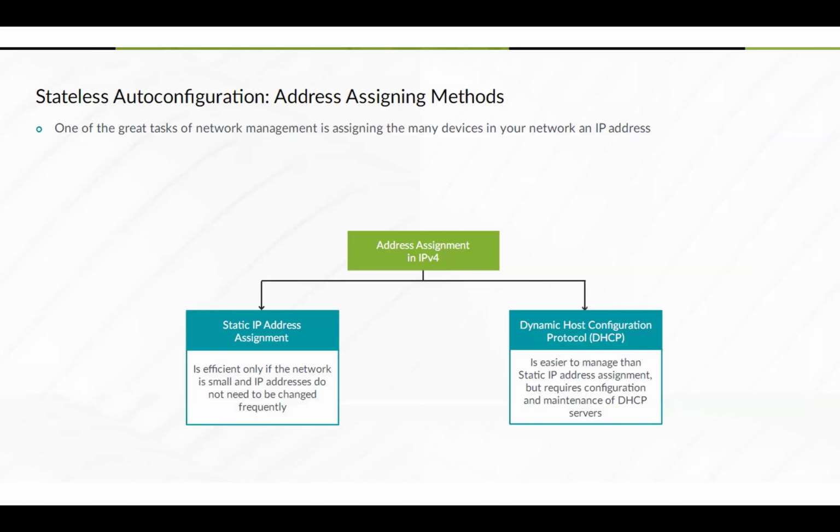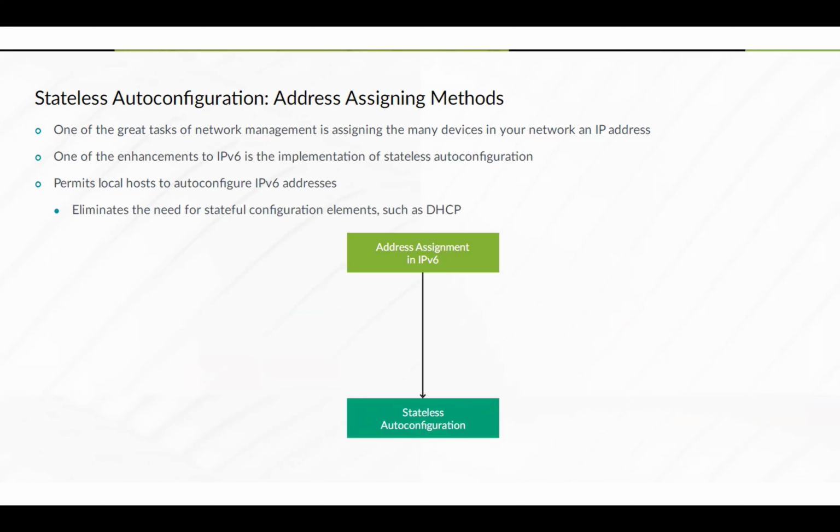IPv6 auto configuration. In IPv4, for static IP address assignment, you can assign the IPv4 address on your end device statically, or you can use DHCP to dynamically deliver an IP address from the DHCP server to the DHCP client. This is the process of address assignment in IPv4.